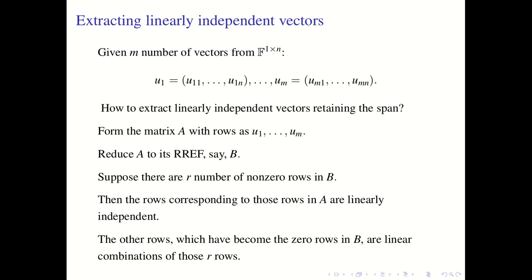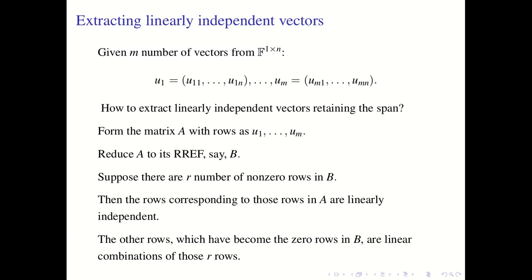Which means if u1 up to ur among these are linearly independent and the rest of them are linearly dependent on u1 up to ur, then span of u1 up to ur is equal to span of u1 up to um. Therefore, it is important that we remove unwanted vectors. How do we get to know which are the unwanted vectors?